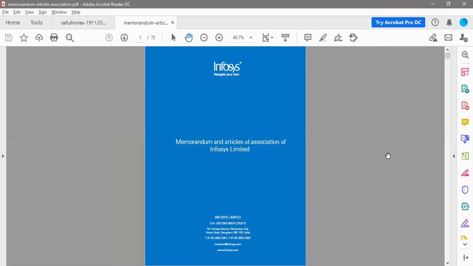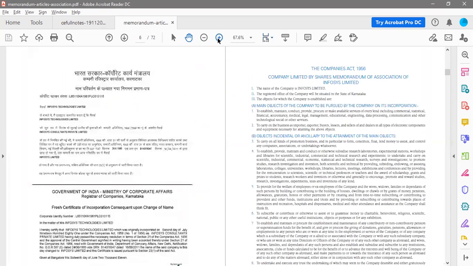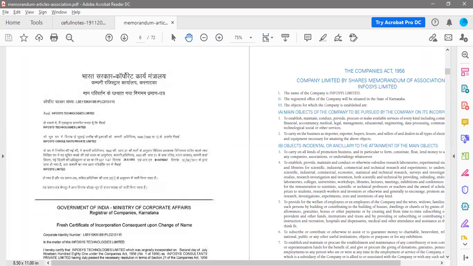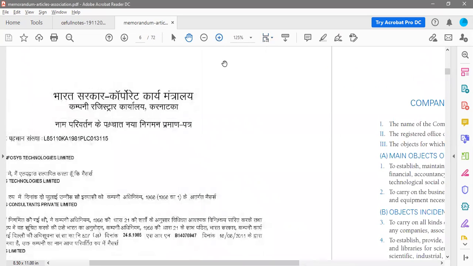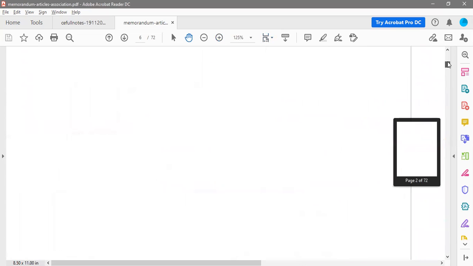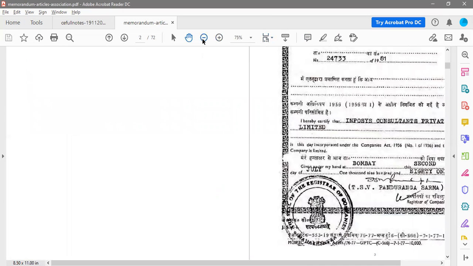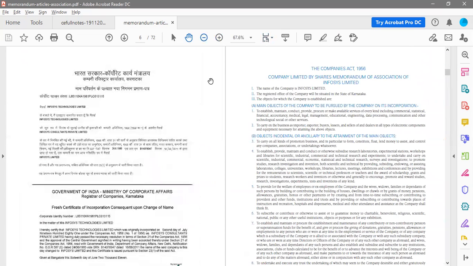Coming again to Infosys, where we saw the incorporation certificate, if you see here, this is the MOA of the company. Let us go through the MOA contents. So this MOA is the charter, or the important document of the company.